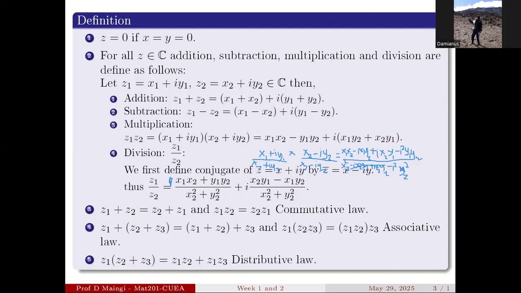And now this is the one I told you earlier on, the first major result that you can be asked to perform is to show that the set of complex numbers C is a field. So let me even write it here for you. So this is the first exercise I'll ask you to be able to perform. So show that C is a field.